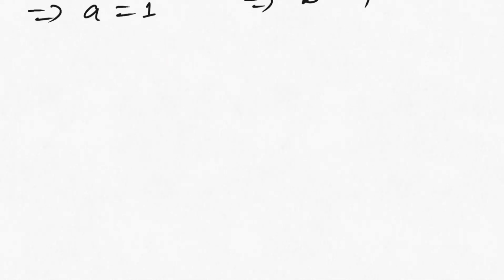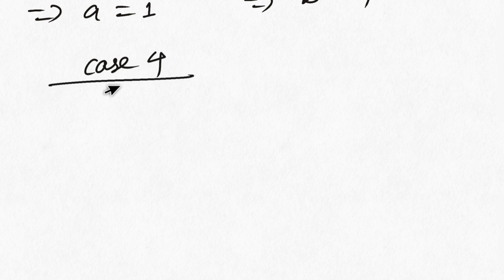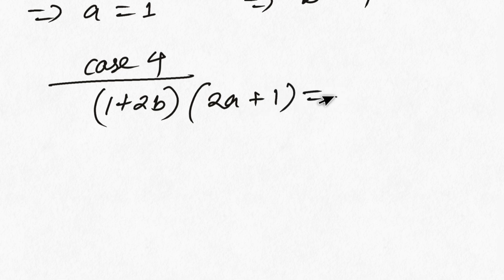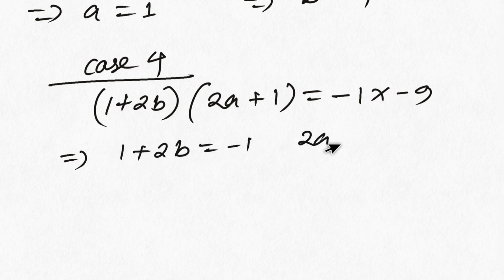Now let's look at the negative factor pairs, starting with case 4. The quantity 1 plus 2b times the quantity 2a plus 1 equals -1 times -9. We set 1 plus 2b equals -1 and 2a plus 1 equals -9.